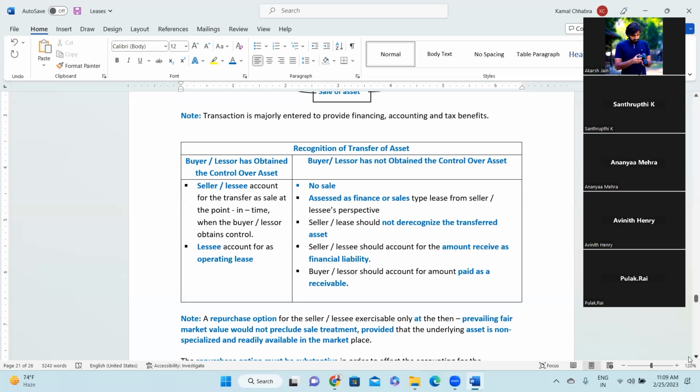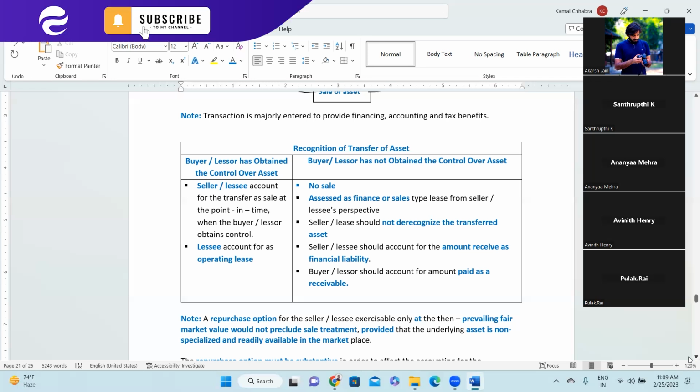Whereas on the other side, Santrupti has said to Ananya, you can give me $10,000 and you can own the car. I'll transfer all the titles and papers in your name, but I'll take that car on lease back and I'll be permanently using it, and I'll be giving you $500 a month as lease rental.